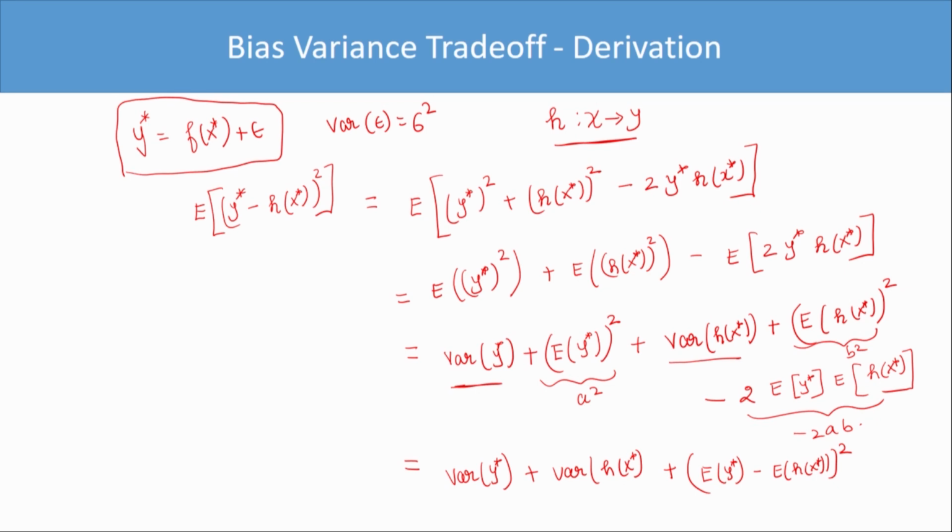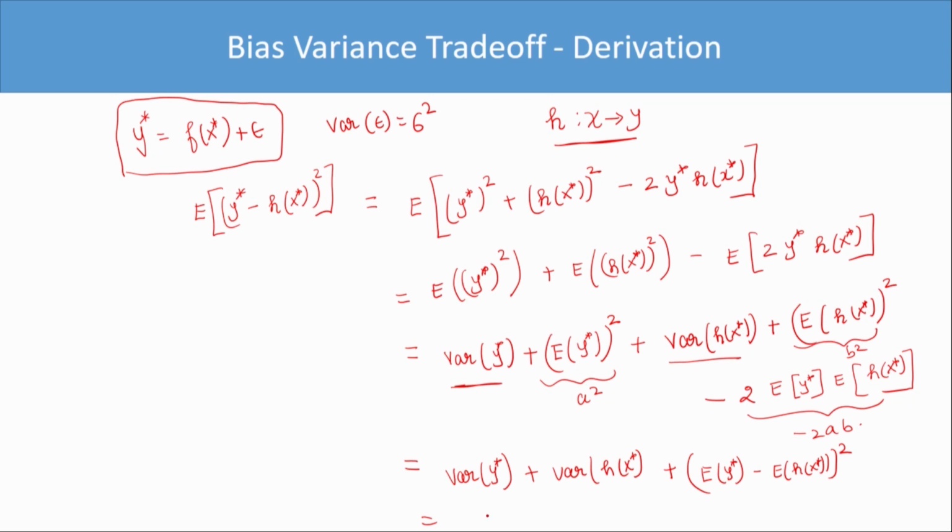Because f of x star is constant, right? So what is the variance of y star then should exactly be the variance of epsilon, right? Because you are just adding some extra term to it, and if you subtract it from the mean, that goes away anyway, right? So what is the variance of y star then? Sigma squared, right? So this term is just sigma squared.